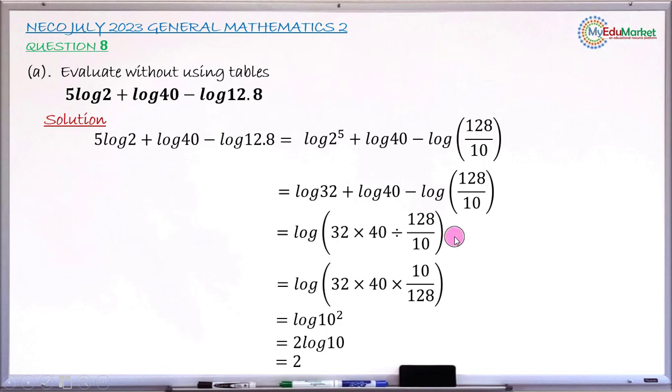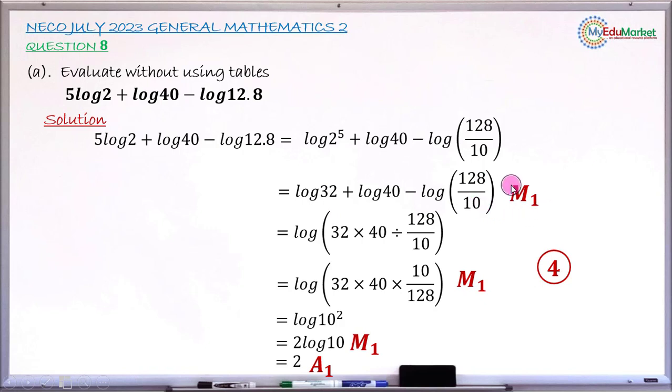So let me quickly share with you how marks are awarded in this question in the NECO marking scheme. The very first mark is the method 1 mark, for changing 5 log 2 and 12.8 to log 32 and the log of 128 divided by 10.